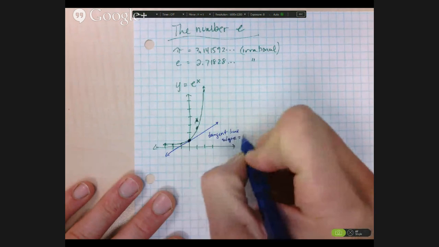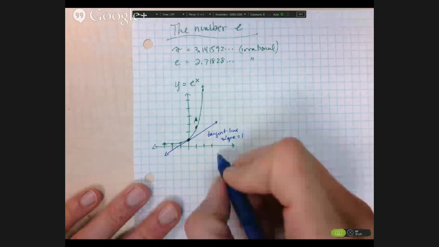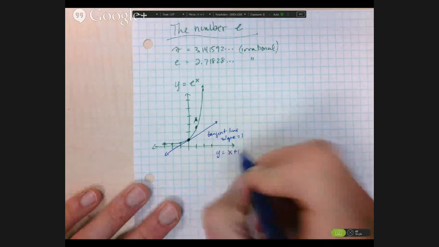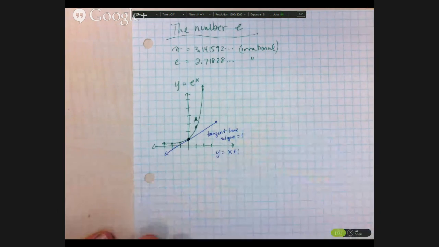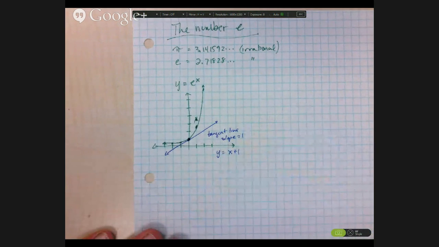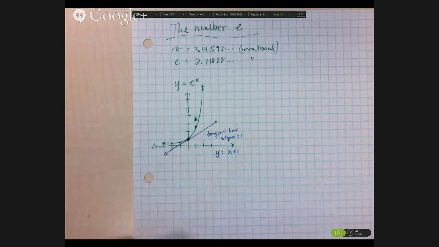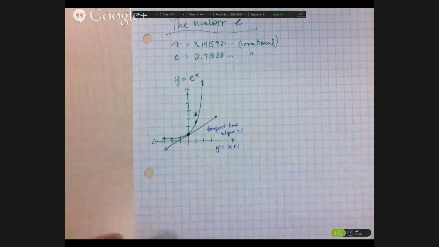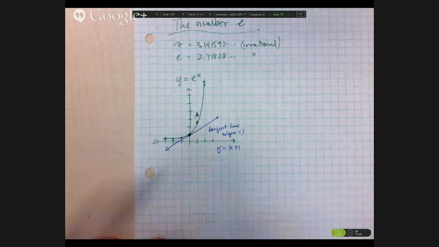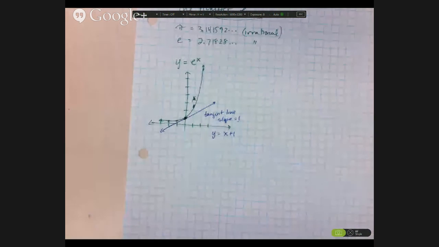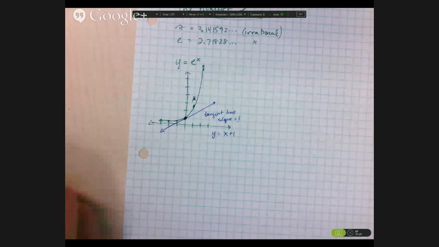The slope is 1, and the equation is y equals x plus 1. Those are very special. Okay, tangent lines are very special. So that's what we call a derivative. The derivative gives us the slope. The tangent line can give us a lot of information. Okay, so just be aware of that.